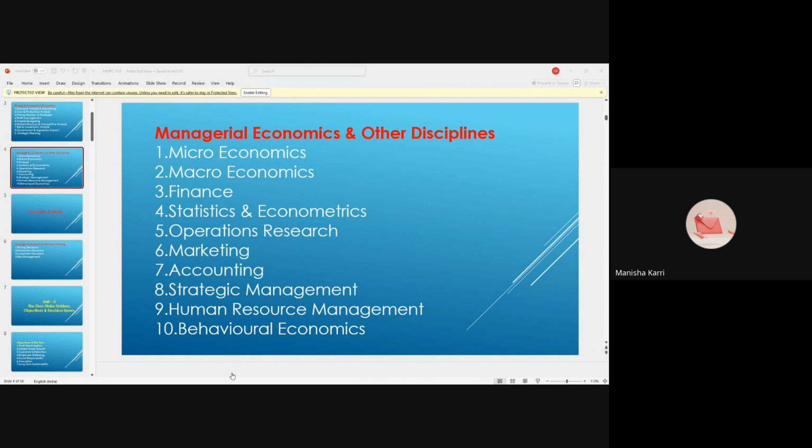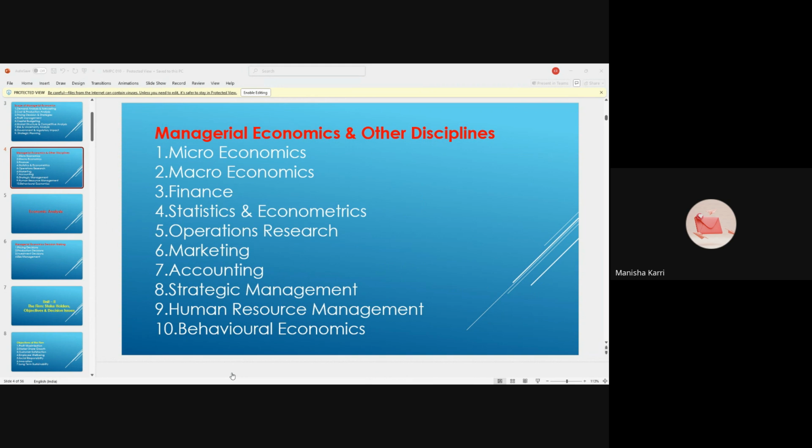And coming to human resource management, generally it deals with the recruitment, development, and management of personnel. Here managerial economics will apply labor market theories and also incentive structures to optimize human resource practices. And the last one is behavioral economics.